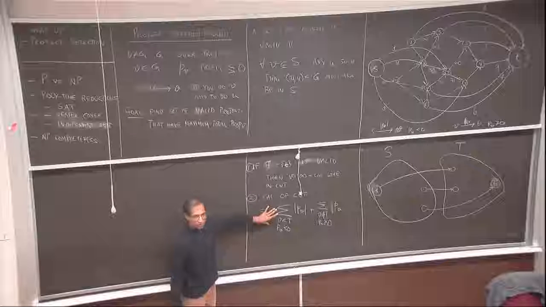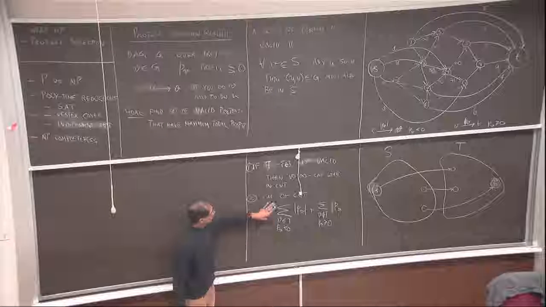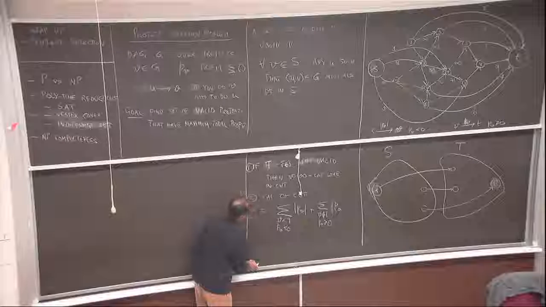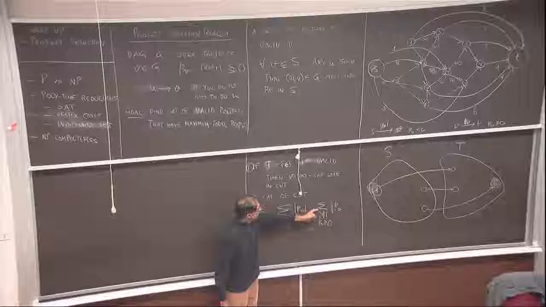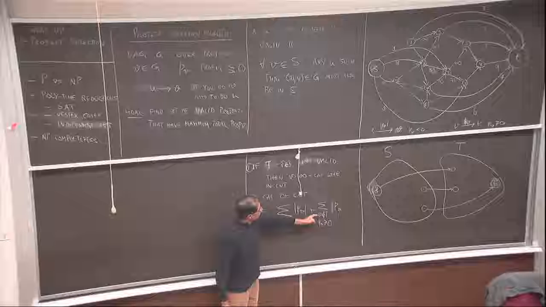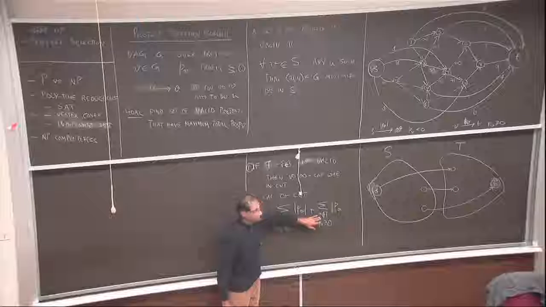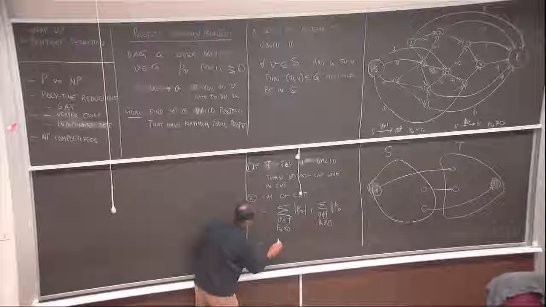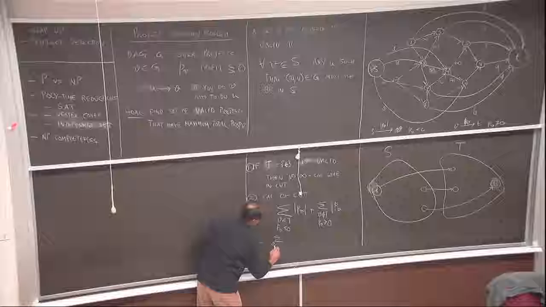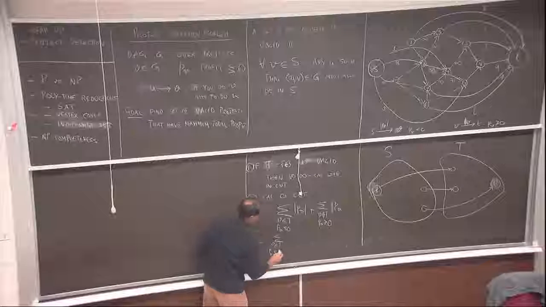So let's try to understand this a little bit better. So this is equal to, let's write it in terms of things in T. So v belonging to T, p_v less than 0.